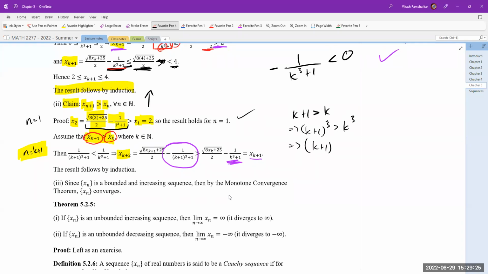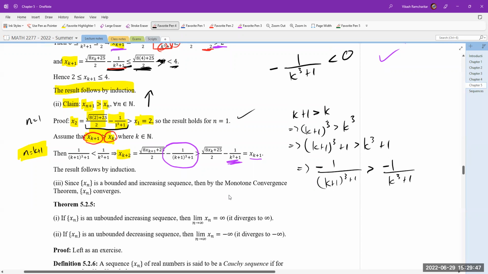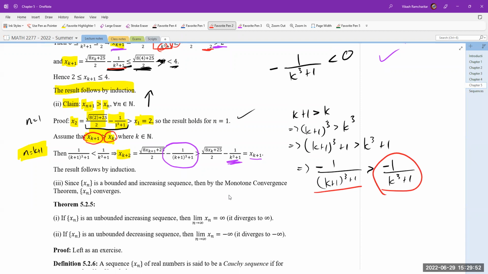And if I add 1 across, k cubed plus 1, and then I flip both sides, this sign has to change. But then I want minus this, so I put in a minus sign, and I flip back the sign. Okay, so you see we made an upper bound for it. Oh, sorry, we made a lower bound for it. So this guy is bigger than minus 1 over k cubed plus 1. All right, we knew what we had to end up with. We just needed to convince ourselves that it's true, right?